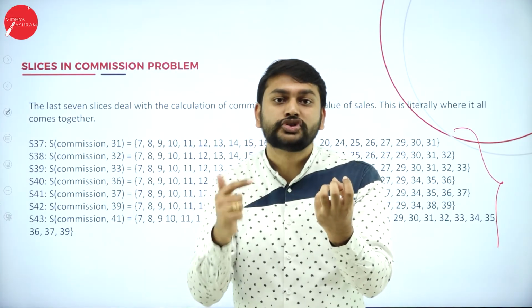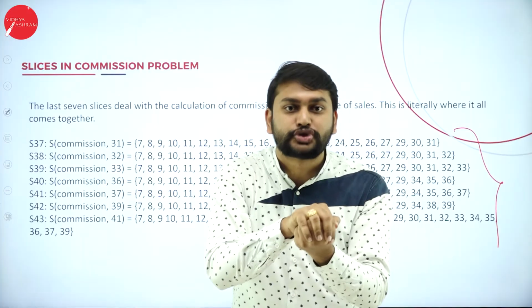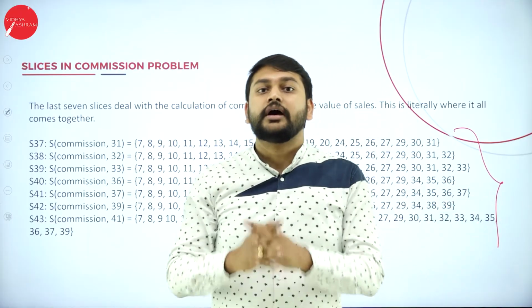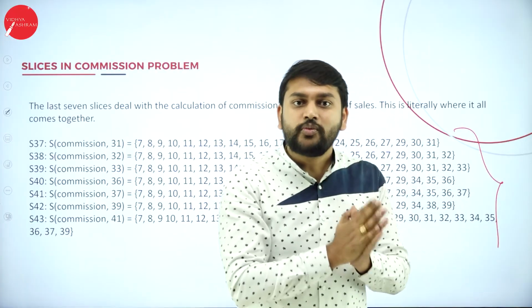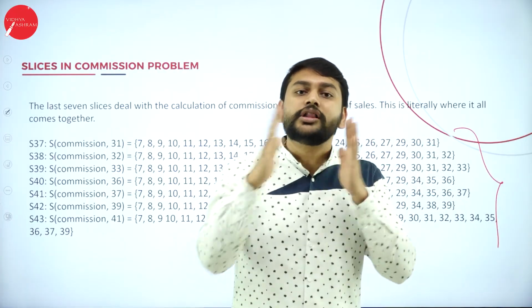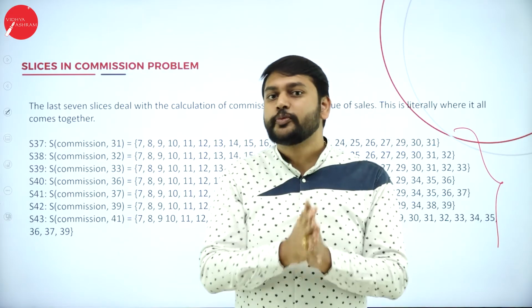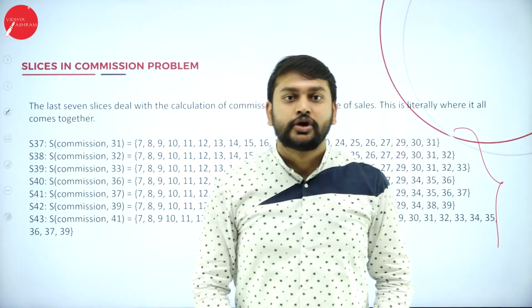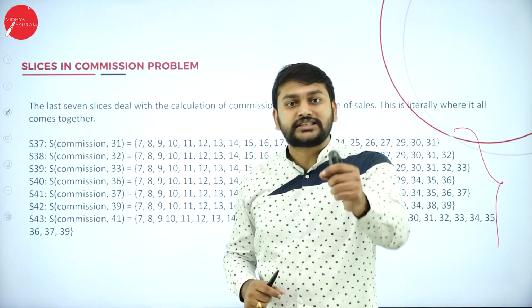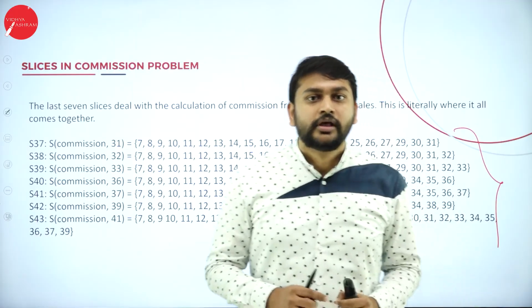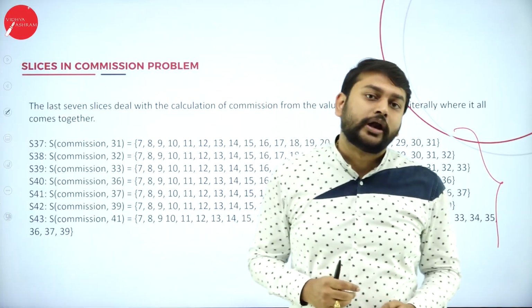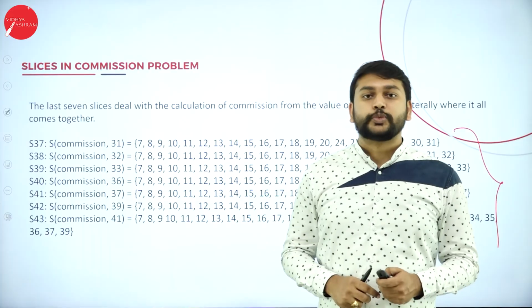What is the line which is making the value of the variable change? That I will take separately, and that is what I will call slice 1. In the same way, I will be taking out all the possible slices from the program. That's what we call slice-based testing. This will help us test each individual variable in the program individually. It gives us the accurate value, is what I would like to tell you at this point of time.